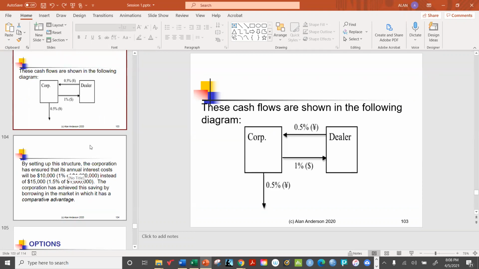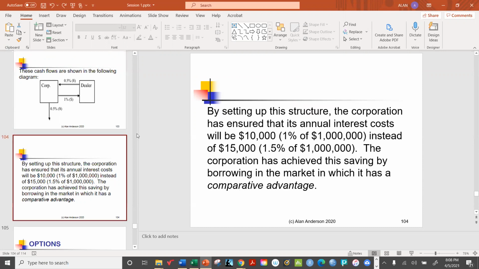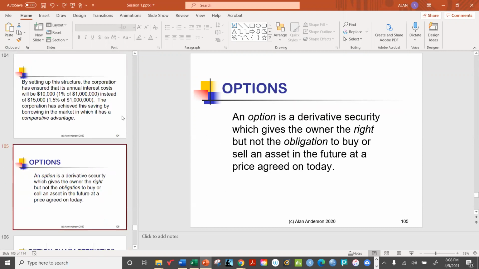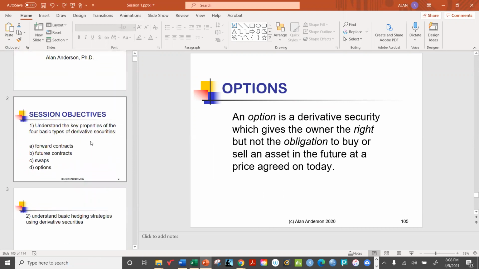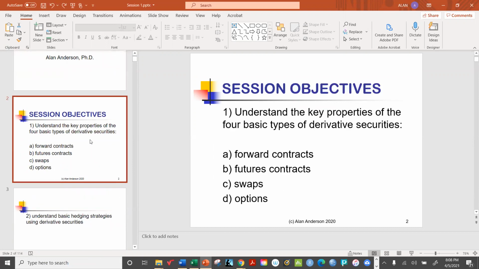All right, so we've saved the best for last. We're going to look now at options. Now, options, the name kind of tells you what you need to know. Unlike the other three securities that we looked at, forwards, futures, and swaps, those are contracts. Those are binding obligations to do something in the future.